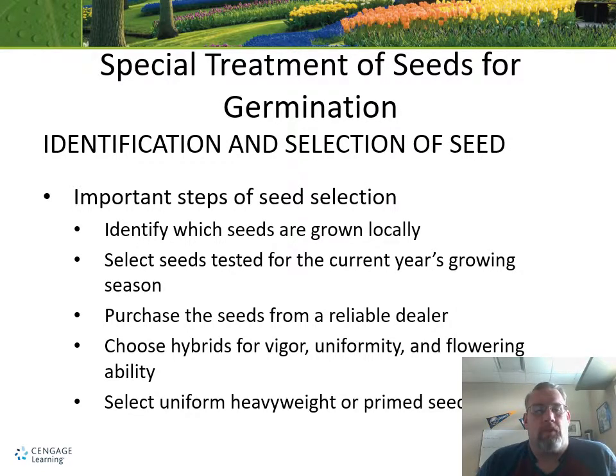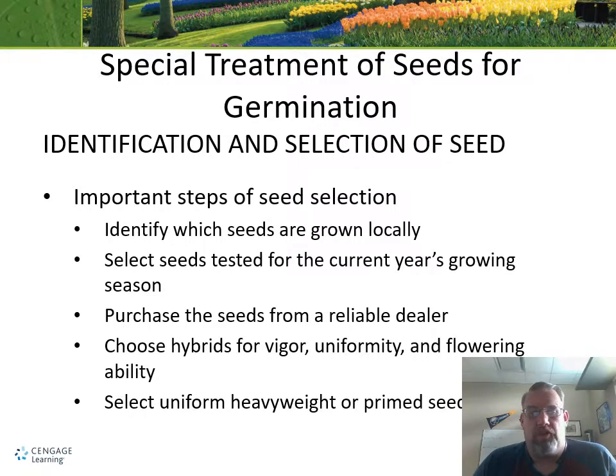So it's important to select the seeds that you are hoping for. You want to make sure that the seeds came from as locally as possible. Sometimes if seeds come from outside of your environment, they don't grow as well as they could, and they don't germinate as well as they could.